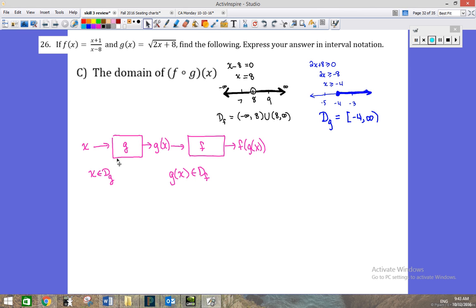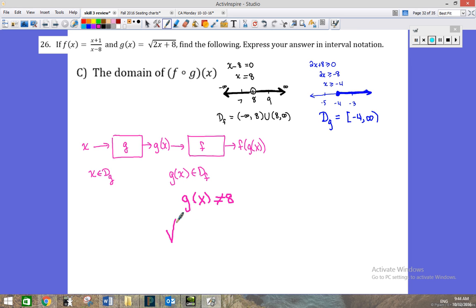Alright, so the domain of this composition definitely is going to be either this -4 to infinity or some modification of it. Well, we've got to think about what f, this domain of f is all real numbers except 8. So we cannot allow g of x to equal 8, because if you plug in 8 into f, it results in a division by 0. So what x causes the output to be 8 is what we have to prevent.